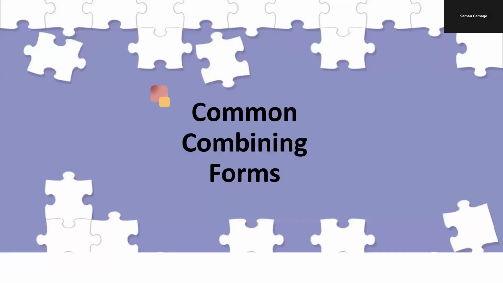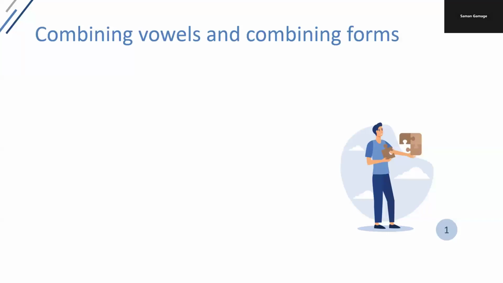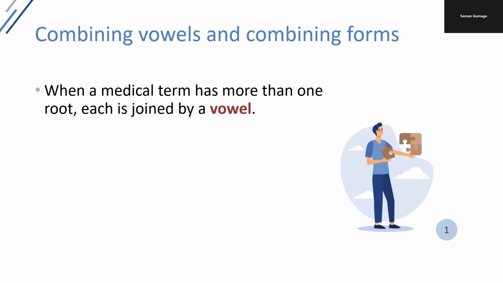Let's go through some common combining forms. Before we do, I would like to remind you about combining vowels and combining forms that we learned during the previous sessions. When a medical term has more than one root, each is joined by a vowel.